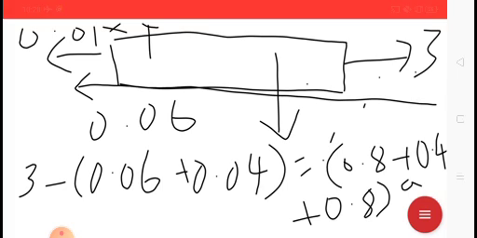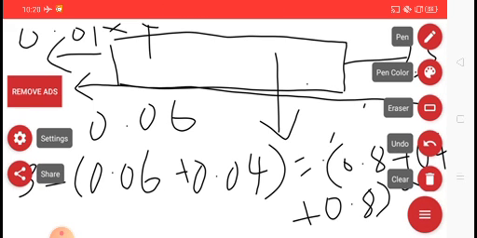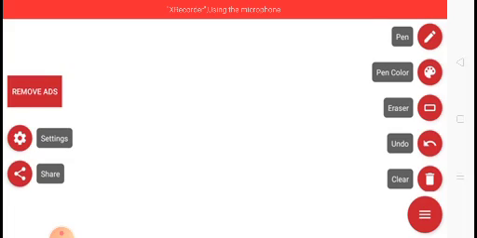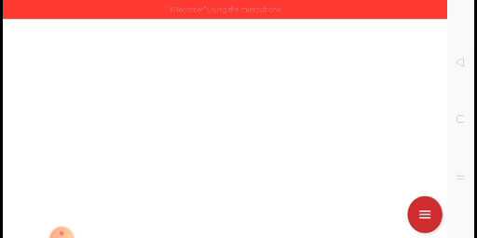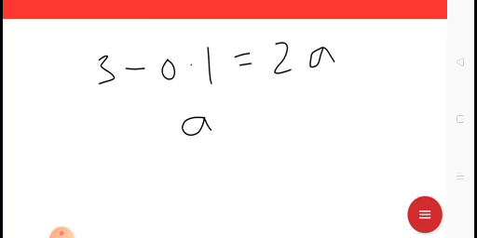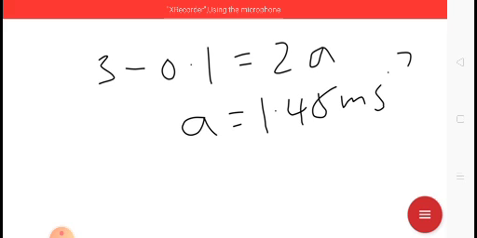Because 0.2, you have four trucks, right? So you have a net force equation in this way. By continuing the calculation, you will have 3 minus 0.1 is equal to 2a. So a is equal to 1.45 meter per second squared.